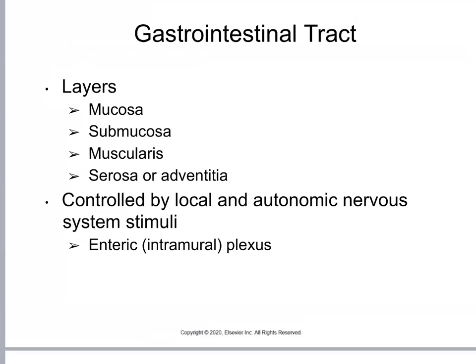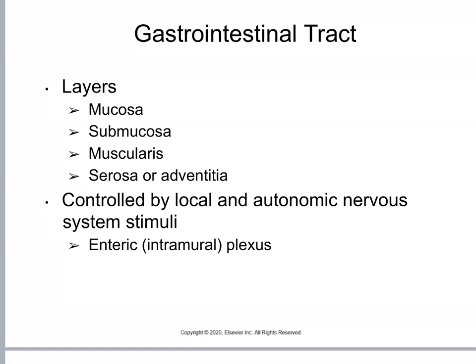So to go into a little more depth, there are layers. There's the mucosa, that's the innermost layer. And that is going to be the layer that comes into direct contact with chyme or the food inside the digestive tract. And then that is subdivided into the epithelial layer, which secretes the mucus, enzymes, and hormones.